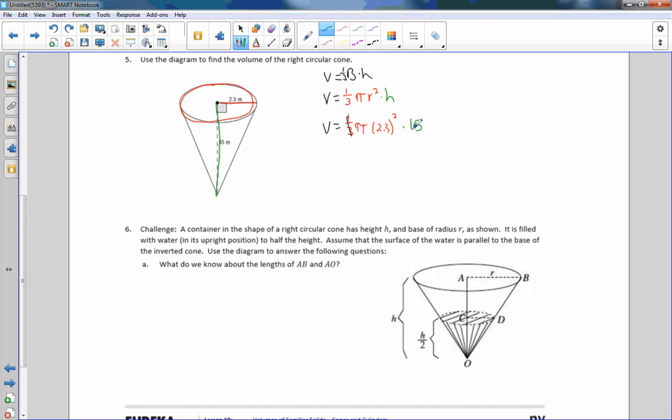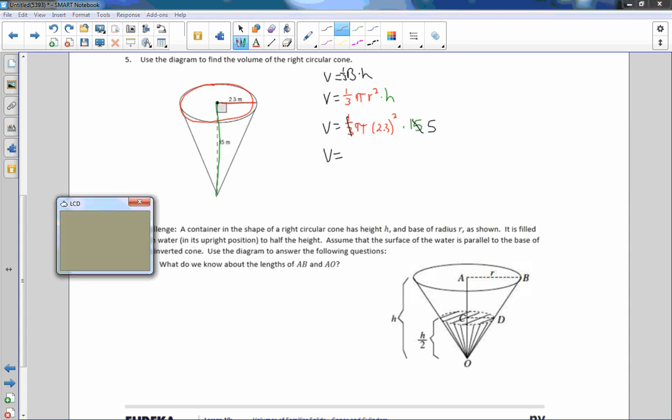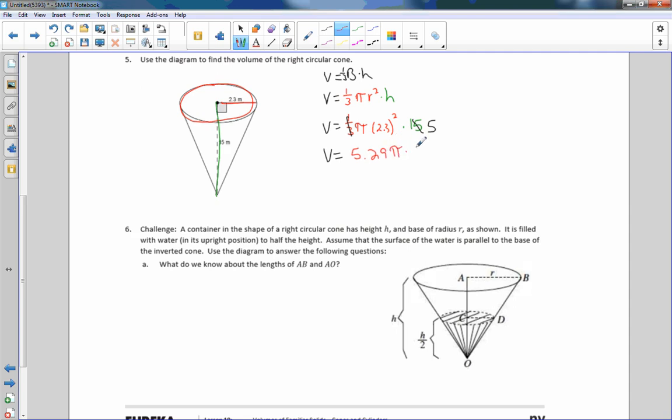Okay, the 1/3 and the 15 reduce to 5, and we get the volume equals 2.3 times 2.3 is, calculator. 2.3 squared is 5.29, so it's 5.29 pi times 5.